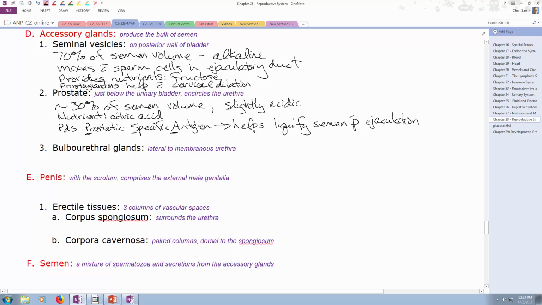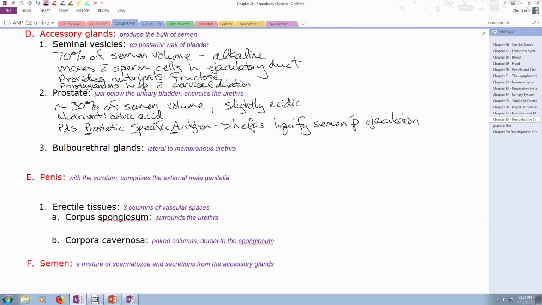So in other words, it is a very viscous material and harder to escape this viscous environment. So PSA will liquefy it, allowing the sperm cells to migrate along the reproductive system of the female, if that's where it's being deposited.